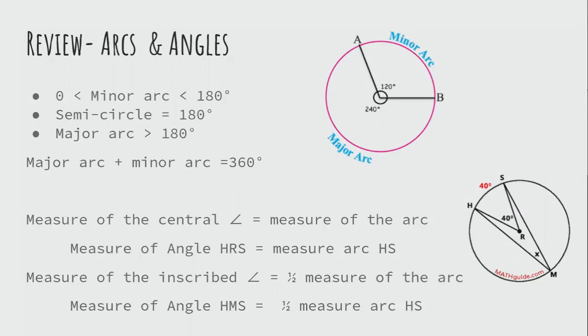And then we looked at the inscribed angle. And that angle is the angle HMS. And the measure of that angle is half the measure of the related arc. So the arc between H and S is 40 degrees.